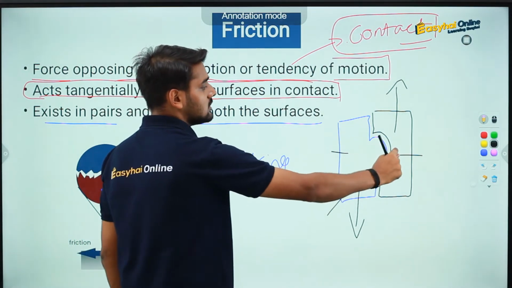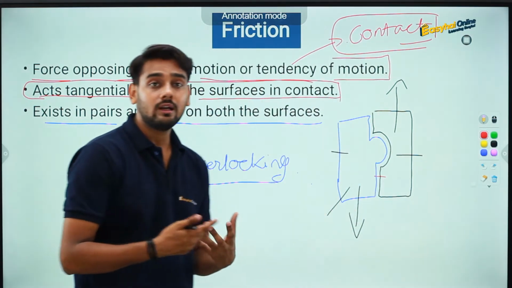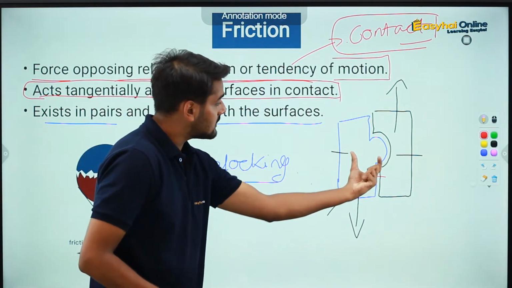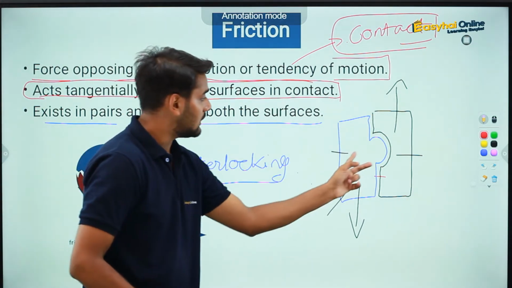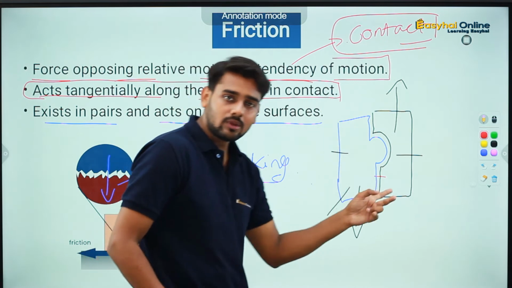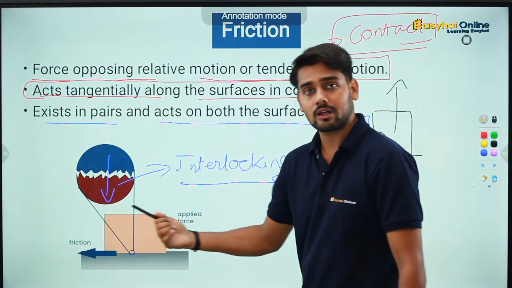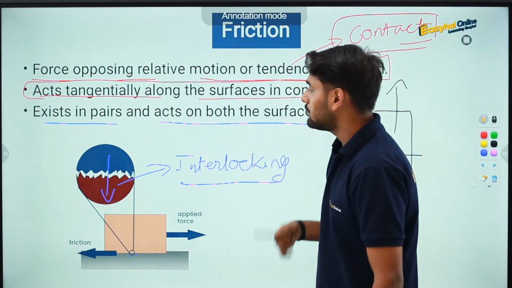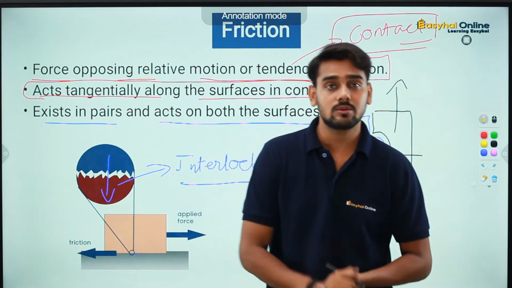Because these two surfaces have interlocked with each other, they are going to apply an opposing force which will resist the change in motion of these two objects. Something like this is already happening with all the surfaces which are in contact with each other. And why is it happening? Because by the nature of the surface itself, it's never perfectly smooth.